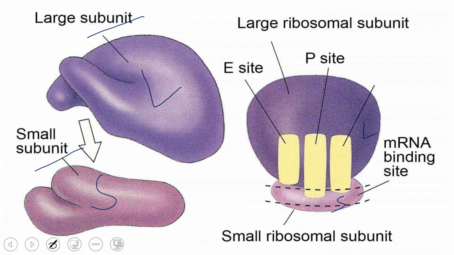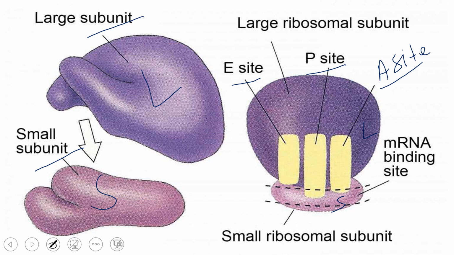Overall these two subunits join together and they share 3 specific locations. That place we are going to call sites. So 3 specific sites are there: A site, P site and E site.